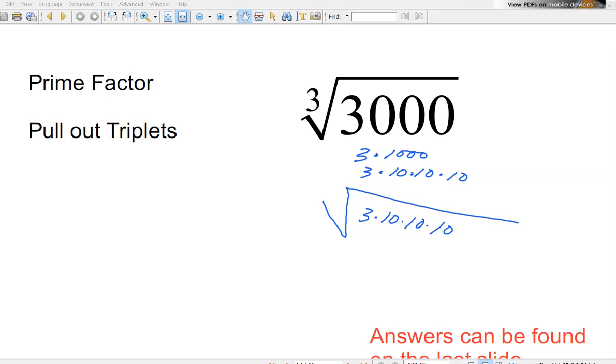Let's pull out our triplets. 10 times 10 is 100, times 10 is 1,000. Cube root of 1,000 is 10, so they come out in front. These guys are gone. And I'm left with 10. Oh, I should have been putting my little cube on all of these. 10 cube root of 3.